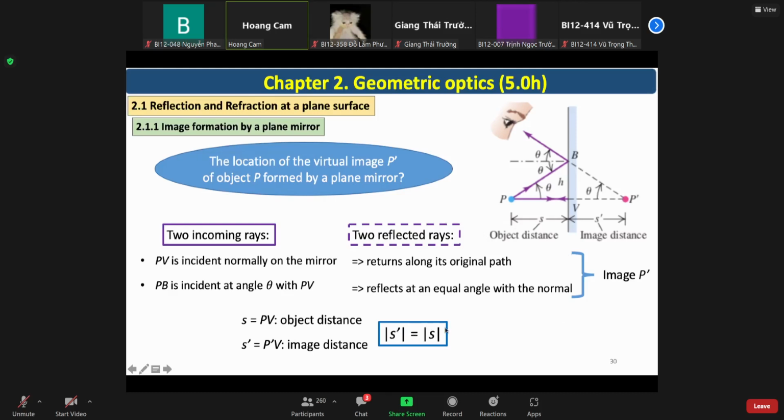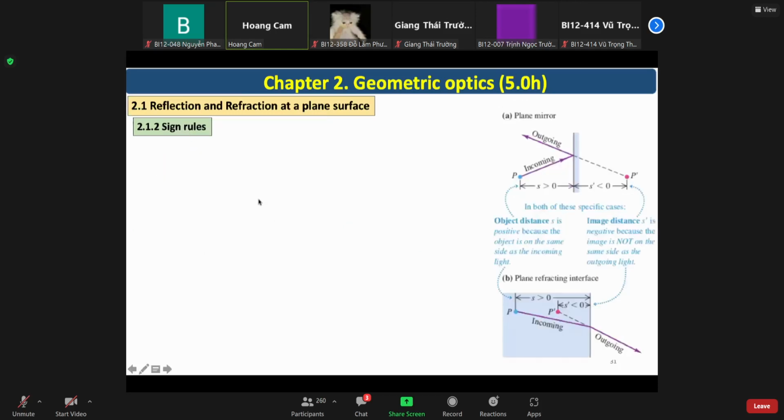So S prime and S here, they will be positive or negative, depending on some conditions. So we have the sign rules here I discussed with you, because we need to know when the object distance or the image distance can be positive or negative. And then later on, we will study some spherical surfaces as well. Here is a plane surface, but we will study also the spherical surface.